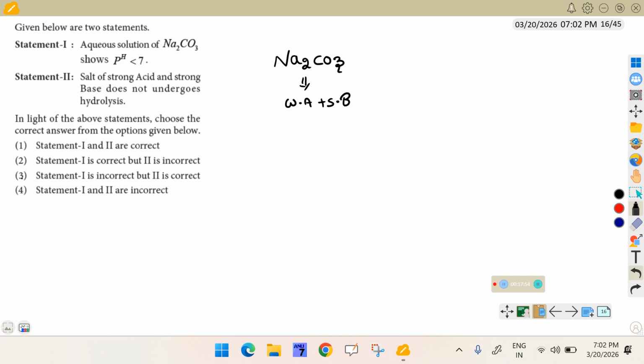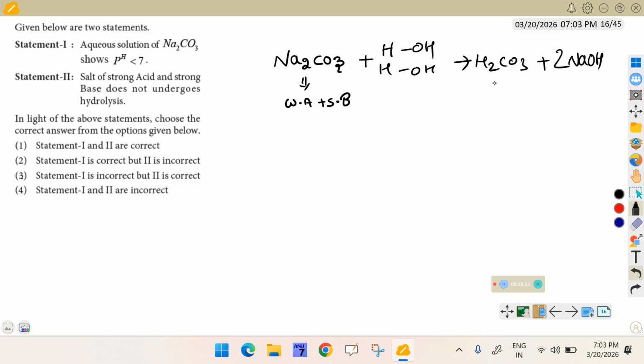Statement 1. Aqueous solution of Na2CO3, pH value is less than 7. Take Na2CO3 salt, it undergoes hydrolysis. First of all, identify the acid and base of the corresponding salt. Undergoes hydrolysis with HOH, taking 2 moles of water, it gives H2CO3 plus 2 moles of NaOH.